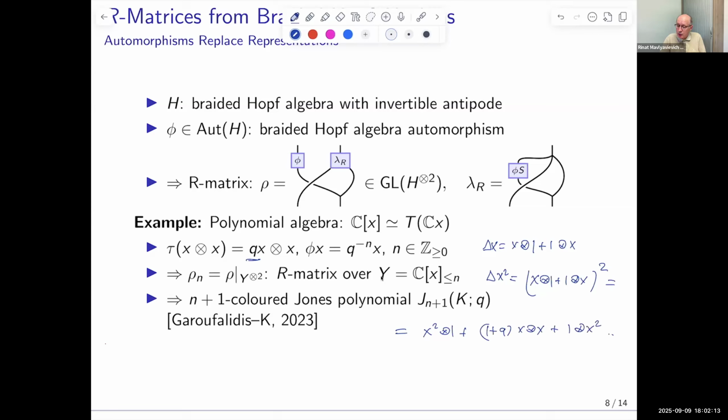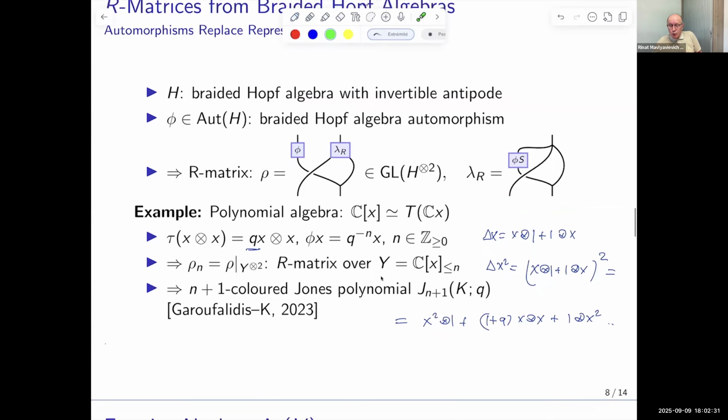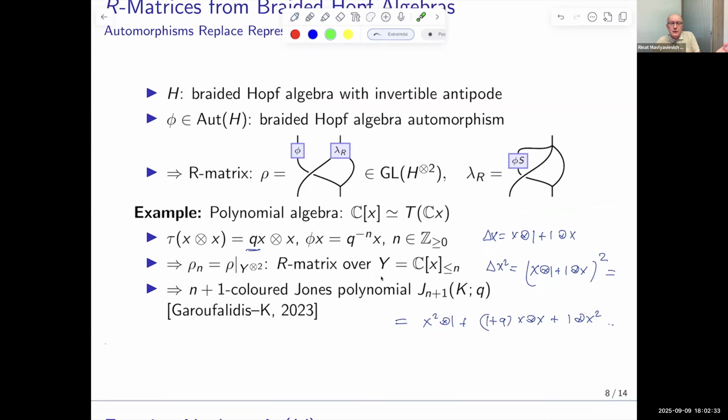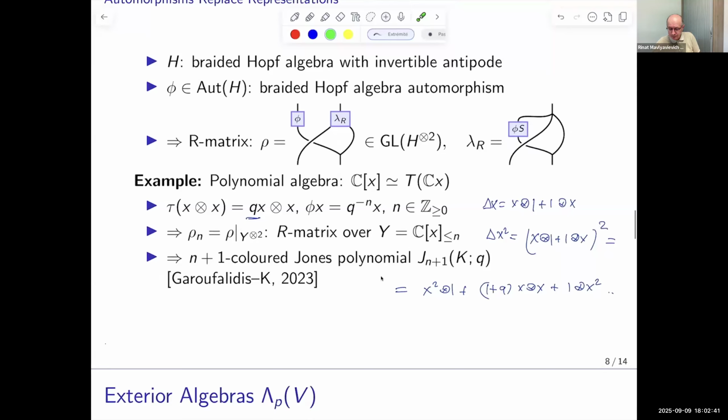Actually, for the nth power of x, you will get a q-binomial expansion, and so on and so forth. So you just follow all these definitions, and you will get the R-matrix on the nose. So no U_q(sl2), no sophisticated commutation relations, nothing like that. Just the Hopf algebra axioms and the rules of the game.